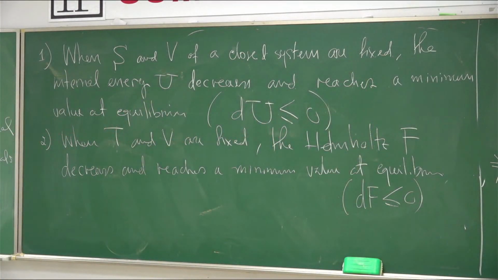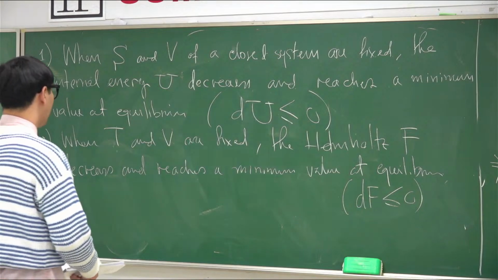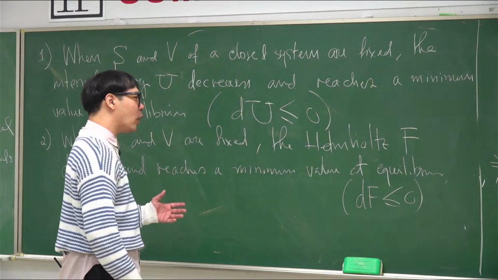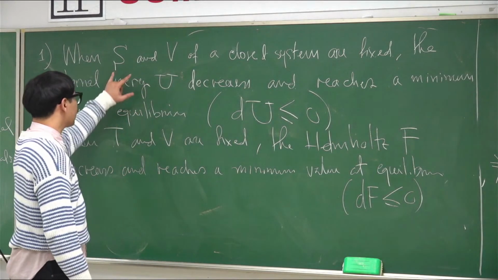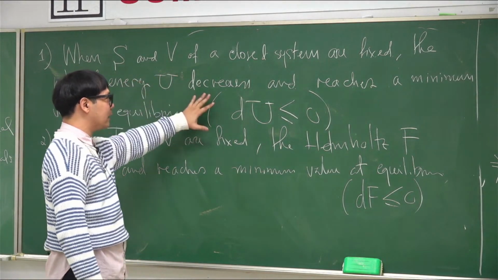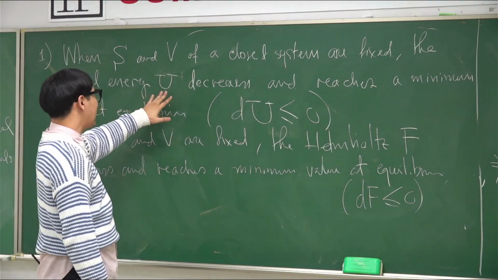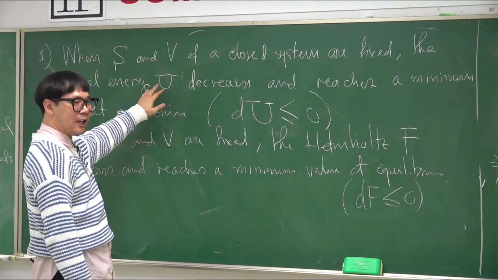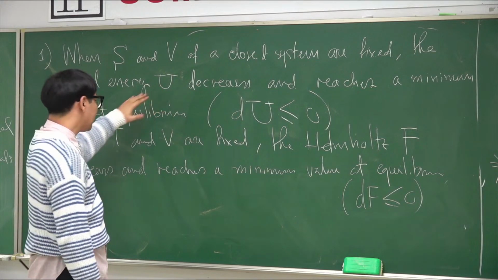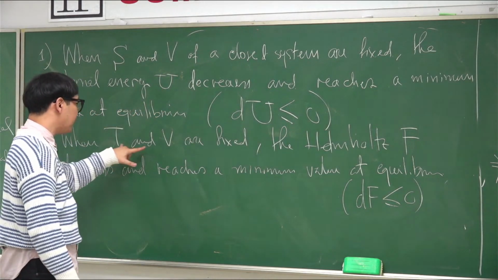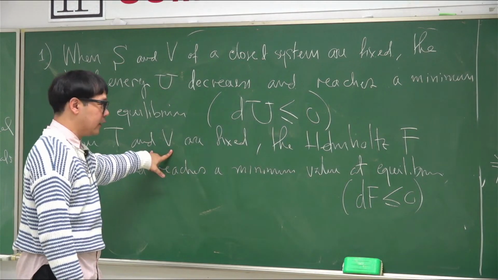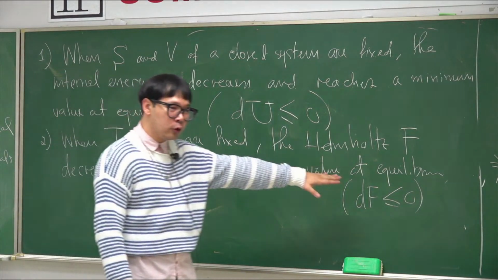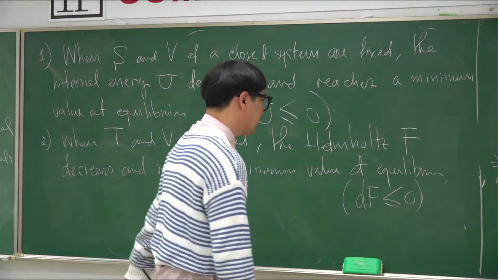It means that it depends on your setup of experiment. If you want to keep these two variables fixed, you can look at your system through this internal energy. But if you prefer to fix temperature and the volume, right, you can study your system through the Helmholtz energy, right?